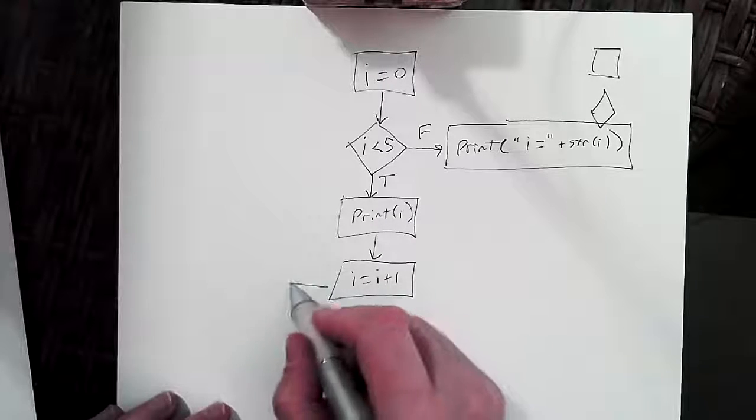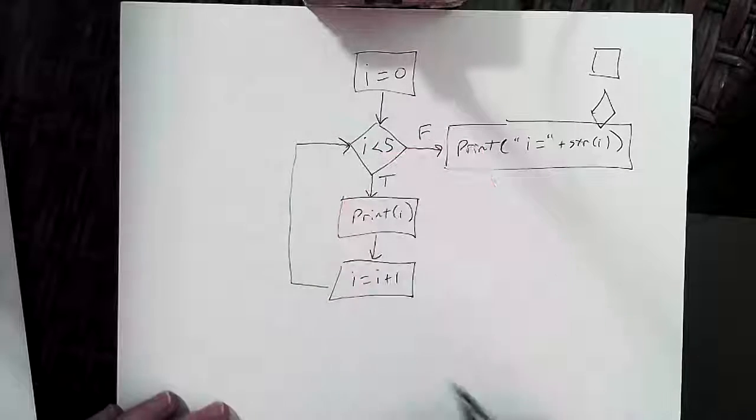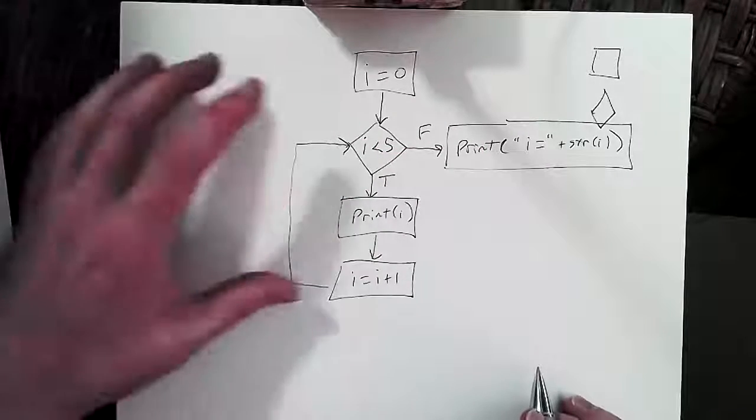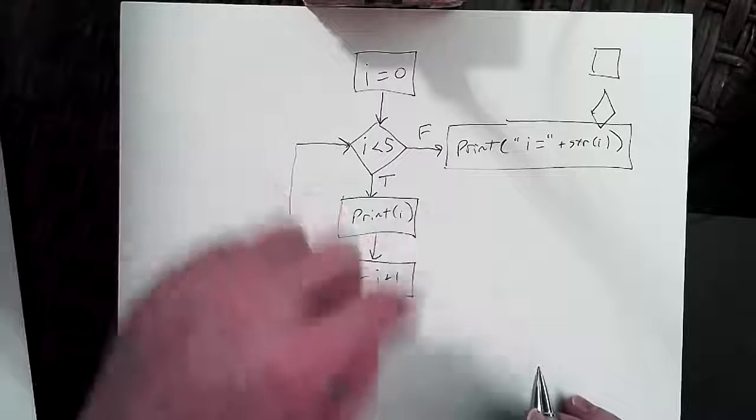And then we come back around to here. And that's why we call it a while loop, because when you draw a process flow of it, you see a loop in there.